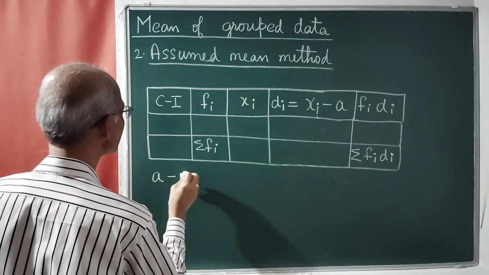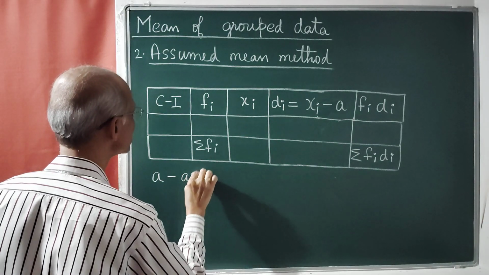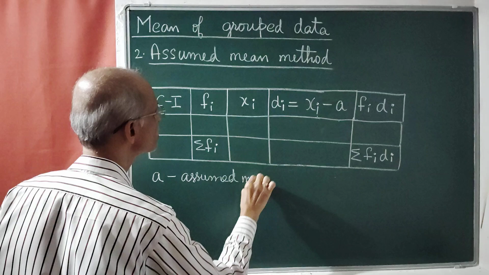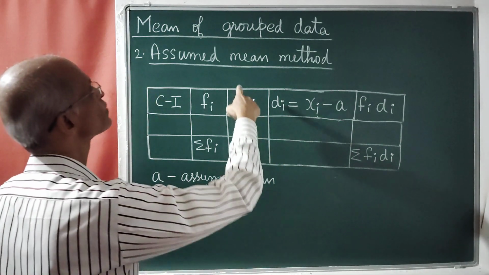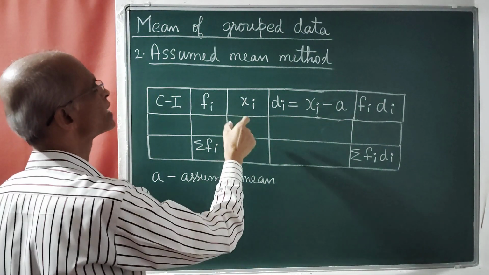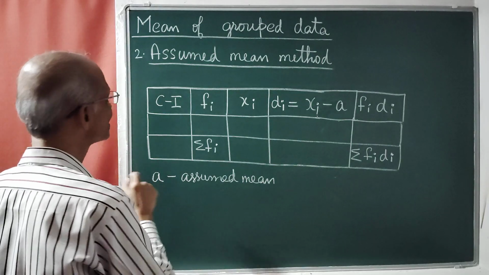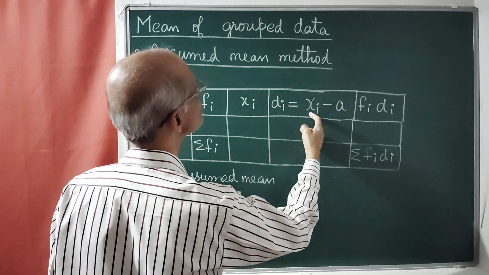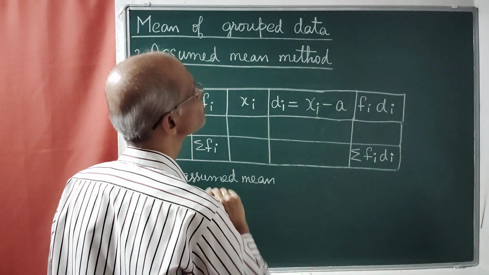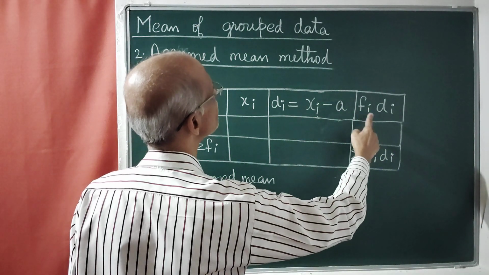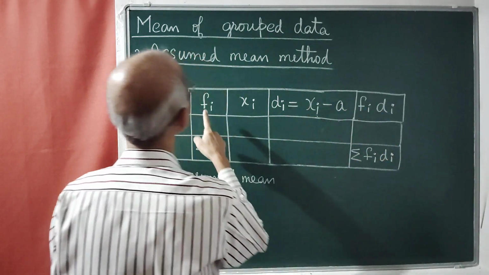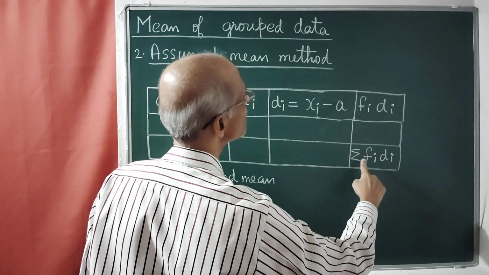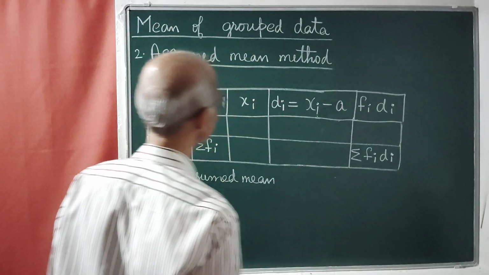A is the assumed mean. Among the values of xi, we have to assume one value. That value will be a. Then you have to calculate di. Di is equal to xi minus a. Then we have to multiply fi into di, and add all the fi di's to find the value of sigma fi di.